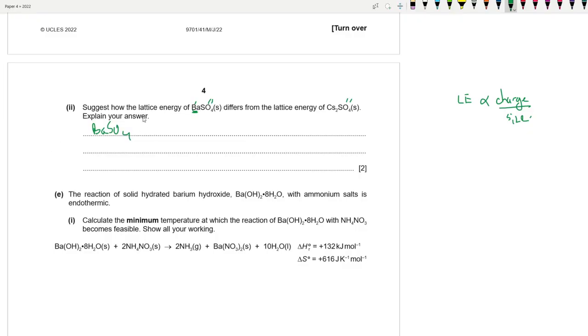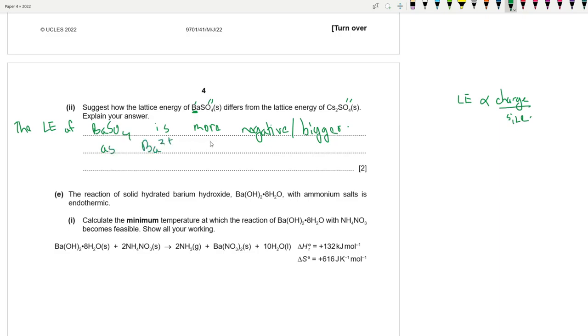Okay, so BaSO4, the lattice enthalpy of BaSO4. Okay, the lattice enthalpy of BaSO4 is more negative. This is the best wording, or you could say that it's bigger. Very vague. Why?